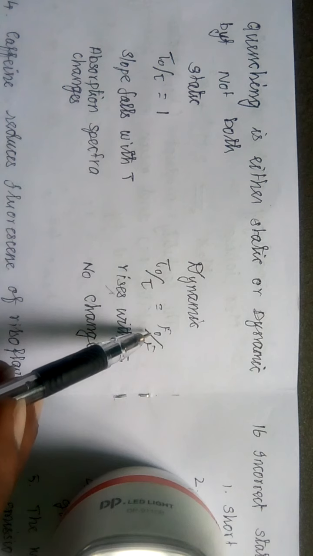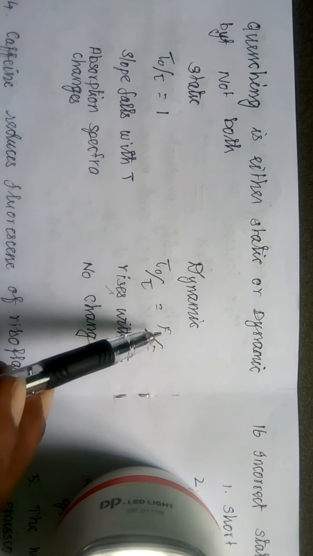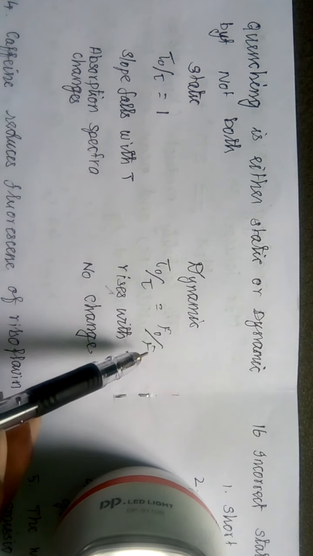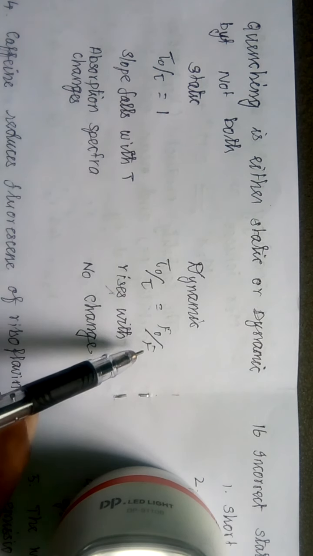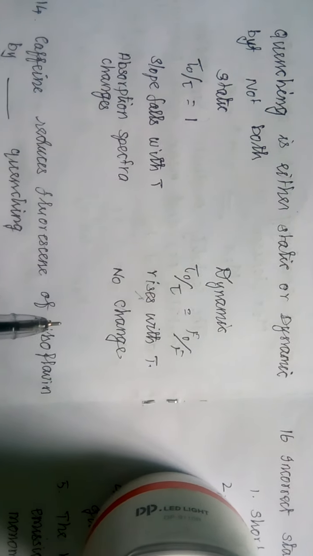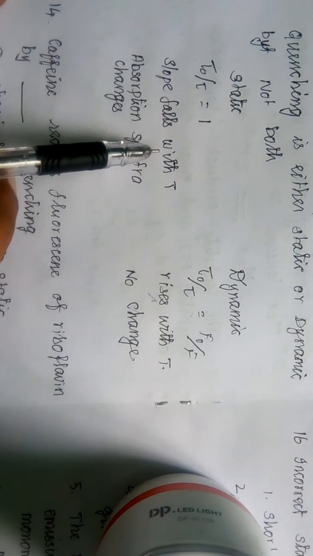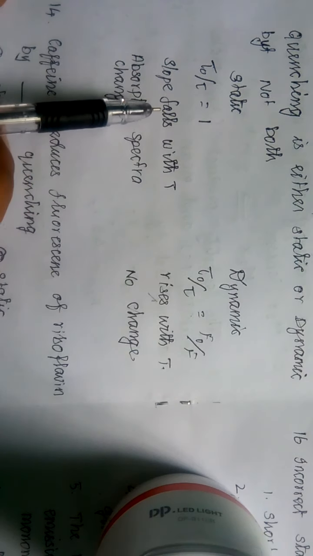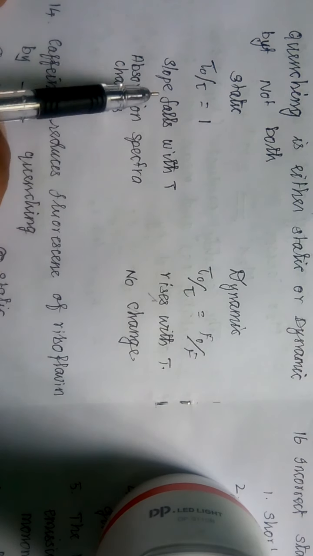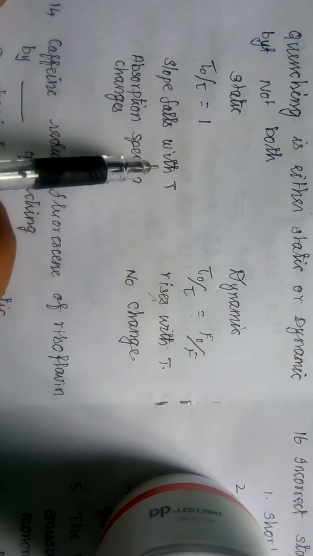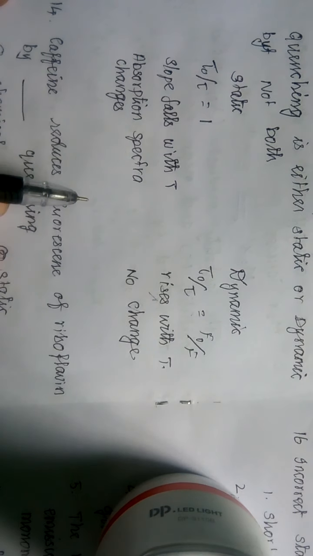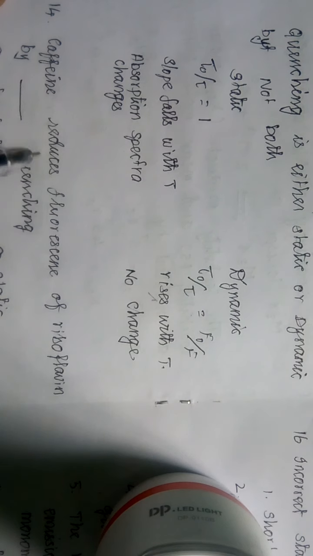F naught is the intensity of fluorescence in the absence of the quencher, and F is the intensity of fluorescence in the presence of the quencher. Now the slope follows from the Stern-Volmer equation, and the slope varies with temperature: it rises with increase in temperature for dynamic quenching.